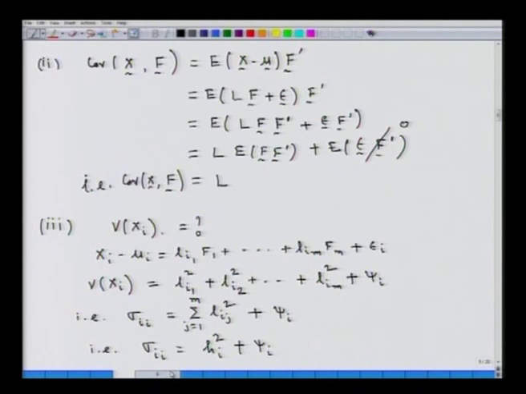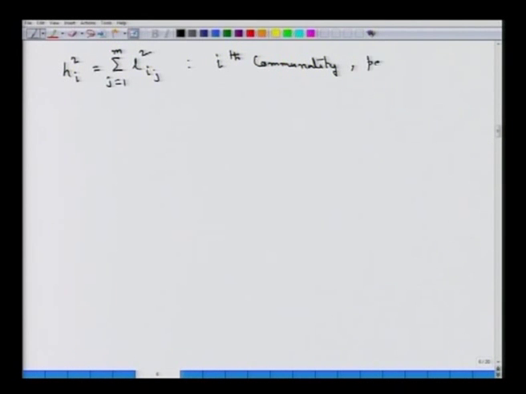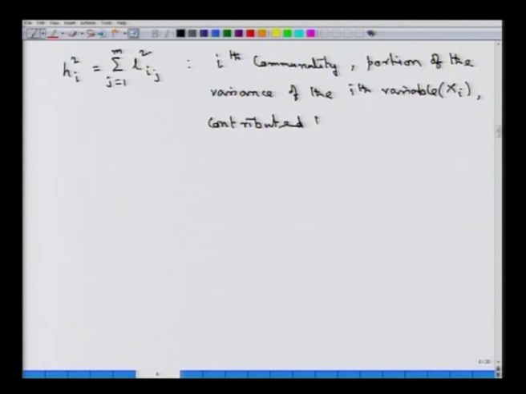So this measures the contribution. This is basically the portion of the variance of the ith variable xi contributed by the m common factors f1, f2, up to fm.